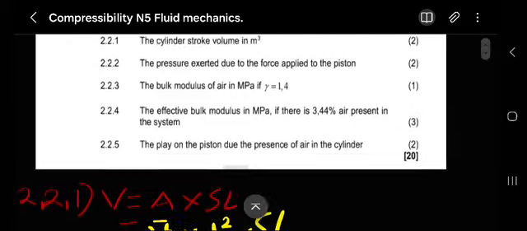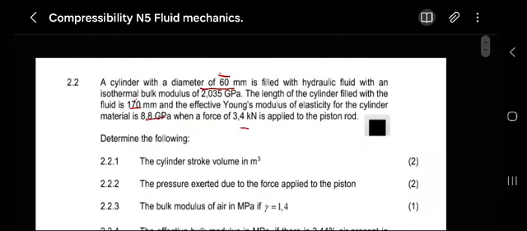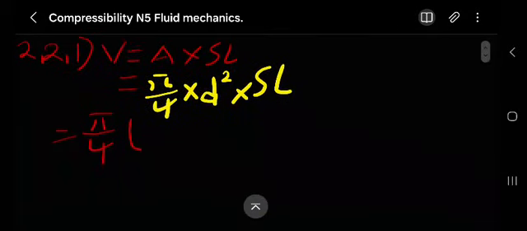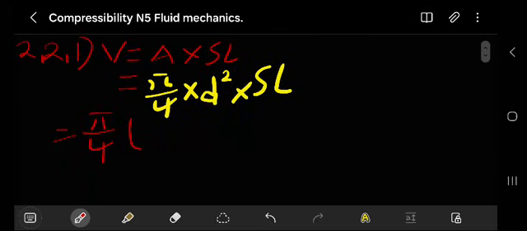Our diameter is 60, which you divide by 1000, then you'll get 0.06, squared, multiplied by the stroke length.